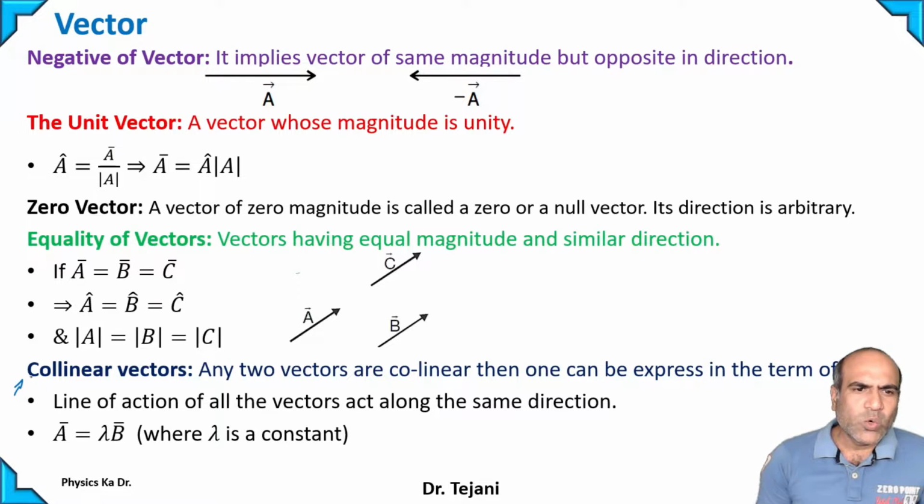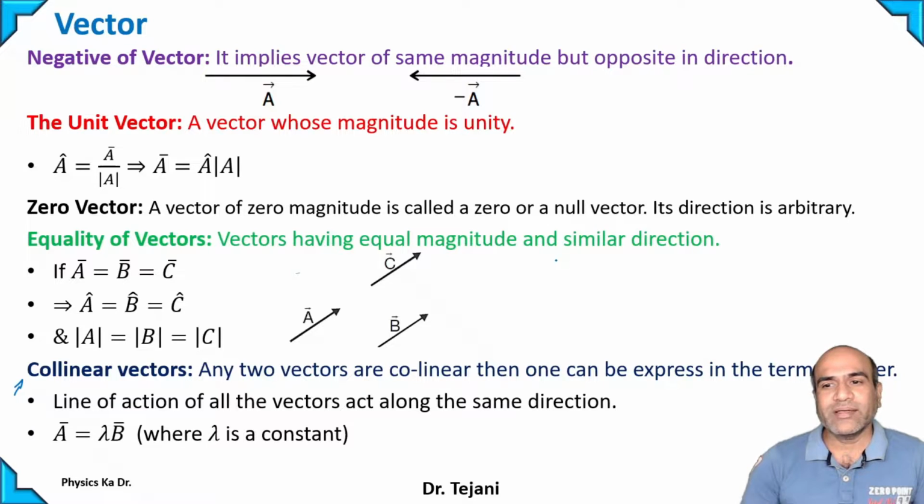Next, it is a collinear vector. What does it say? If two vectors are collinear, then one can be expressed in the form of the other. If two vectors are collinear, that means both are on the same line or maybe parallel.